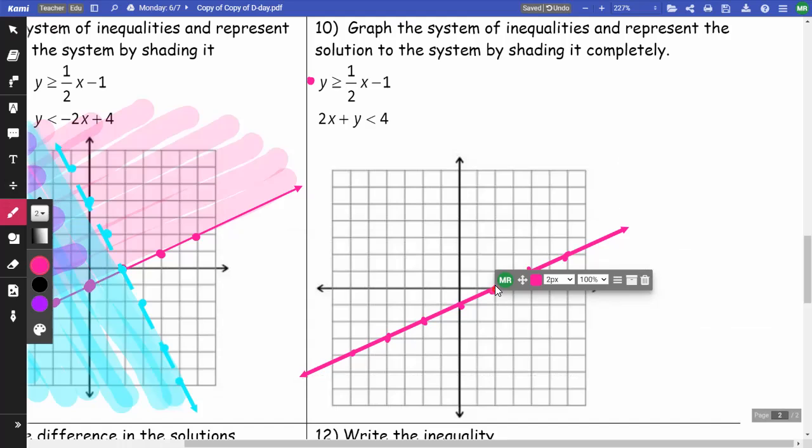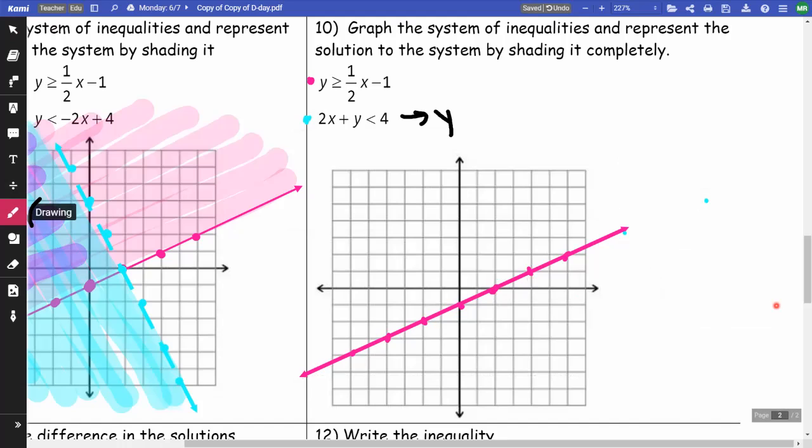Let's see, the next one, let's say I do in blue again. Let me just try to get rid of this. There you go. And so this one, if I get this into y form, this is going to be y is less than -2x plus 4.